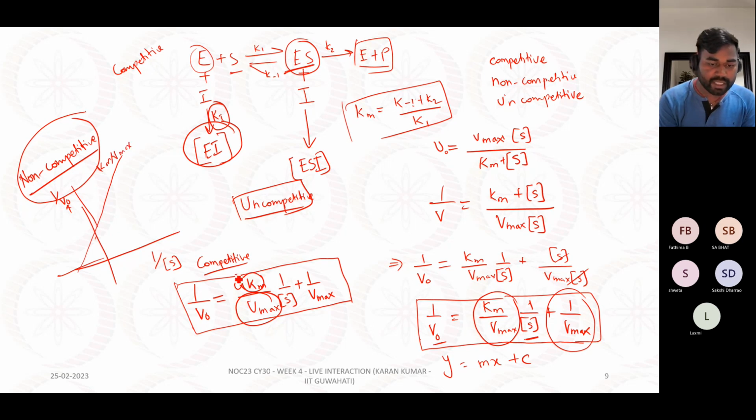Now, due to the inhibitor, your slope will change, but it will not affect the 1 by Vmax part. So your x-intercept will not change, your y-intercept will not change, but your slope will change, either in the positive direction or negative direction. That depends on the strength of inhibitor. So in case of competitive inhibitor, you are getting a change in slope.